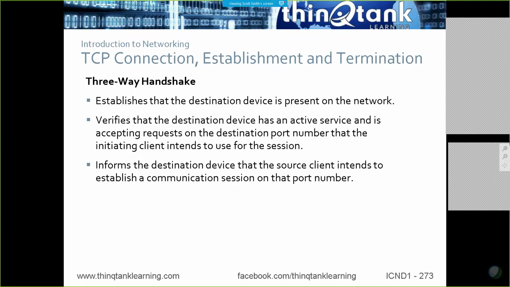So the idea of a three-way handshake is to identify that the device is accepting calls to a specific port number, like port 80 or port 443, that the device has the resources available to take that call, and then we're also negotiating the properties of that communication.